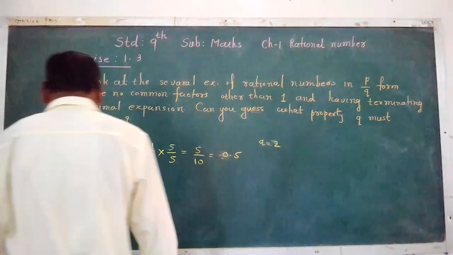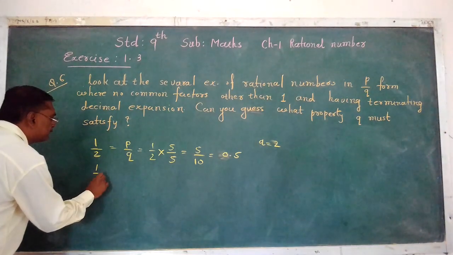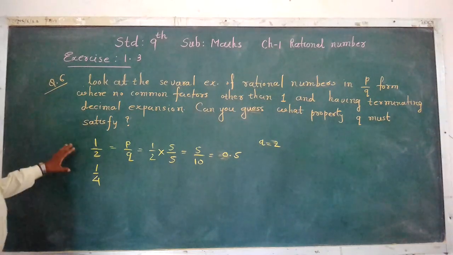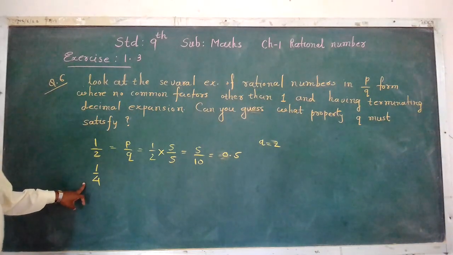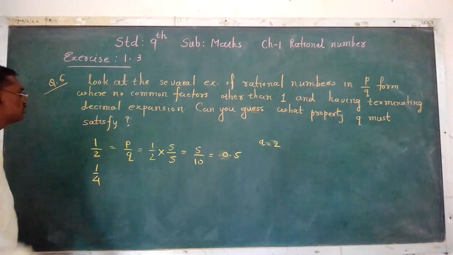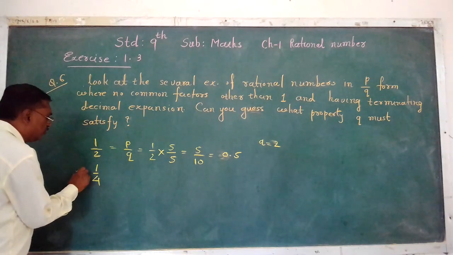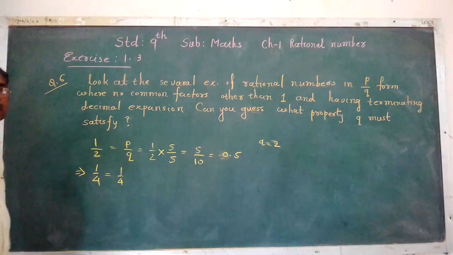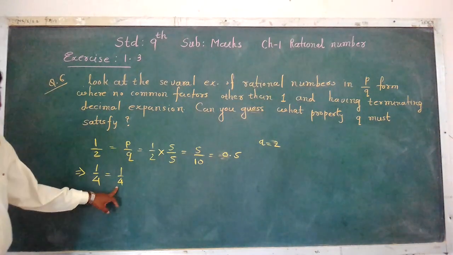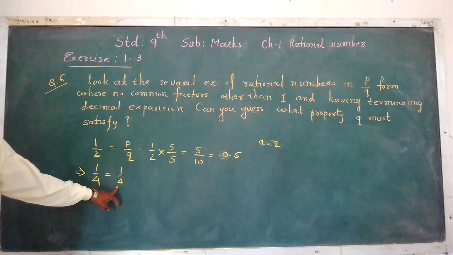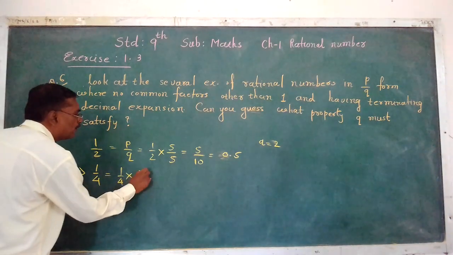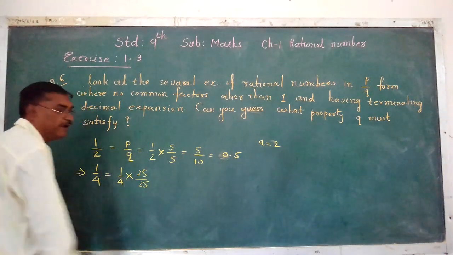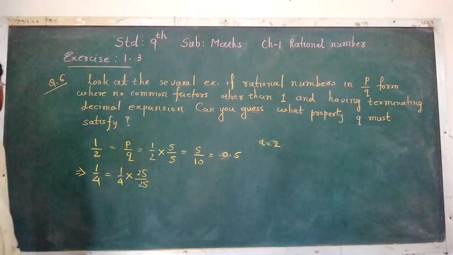Now we can take another example, 1 upon 4. Here there are no common factors except 1, so it is also in p upon q form. So 1 upon 4. To obtain 100 or 10, we can multiply and divide by 25.